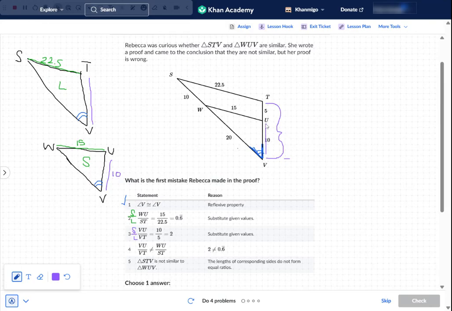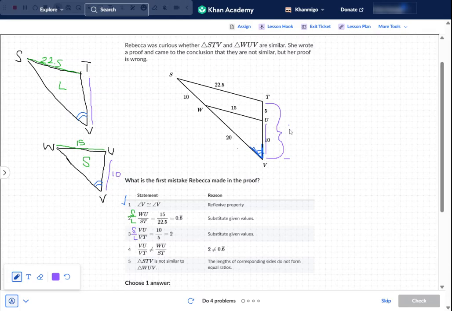Because that's including side length VU. And then it's also including this little chunk here from U to T. So side length VT is 10 plus 5. This should be 15. So this might be her first mistake that she made, where we do not agree.